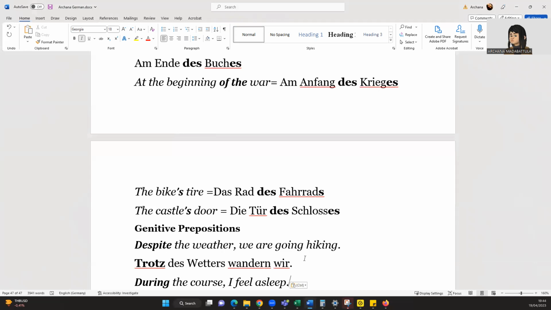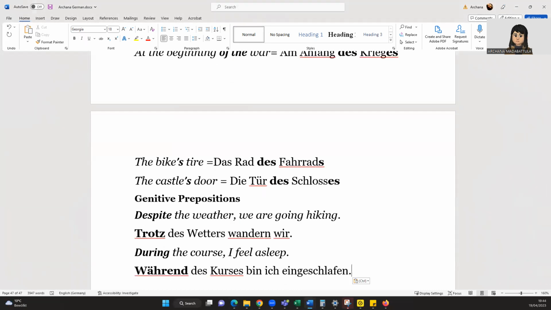Again, during the course, I fell asleep. So again, it is a genitive case. During is called während. Während des Kurses bin ich eingeschlafen. So, I fell asleep.